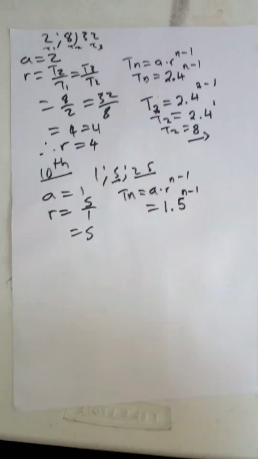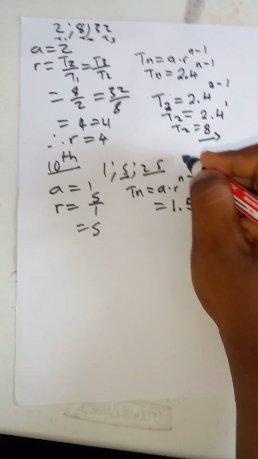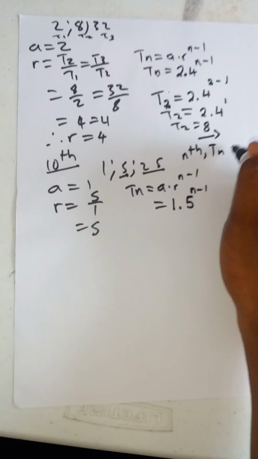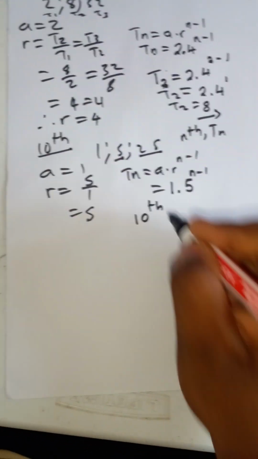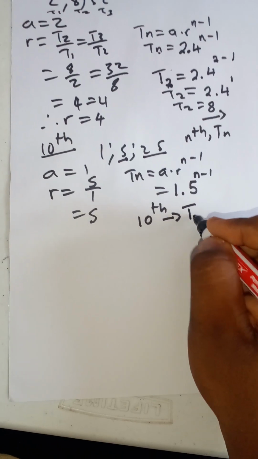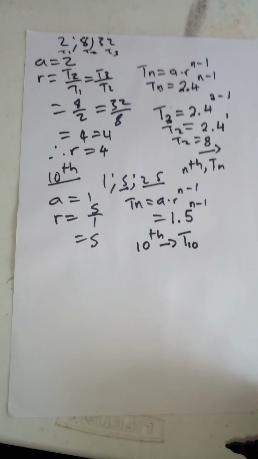But for the 10th term, remember I said nth term, Tn and general term are the same thing. So now they want the 10th term, which is the same as saying that they want the value of T10. Can you see it?